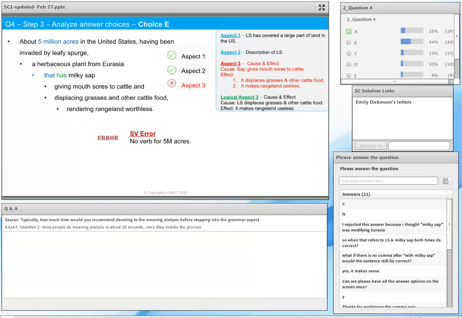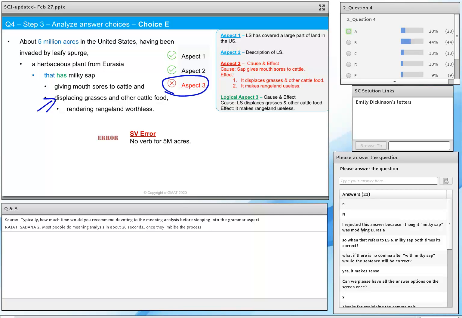In choice E, we again see the same missing verb error. 5 million acres does not have its verb. The rest, that has milky sap, is fine. Giving mouth sores to cattle is fine. But displacing again is violating aspect 3.